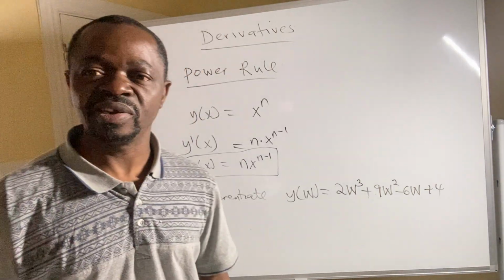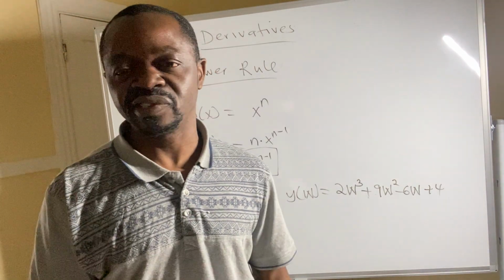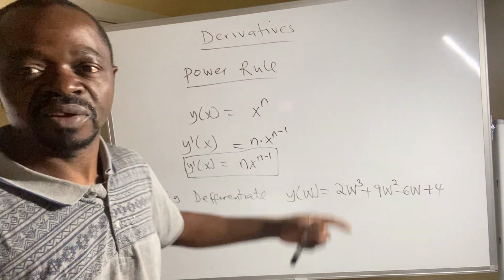Right, so how do we differentiate this using the power rule? It's very easy, very simple. As we already know the formula, we just apply the formula and we solve it.